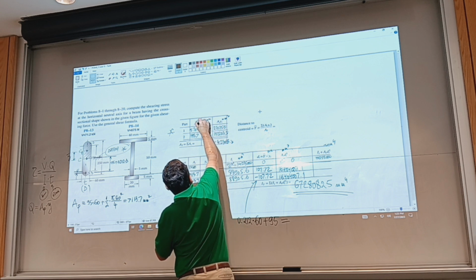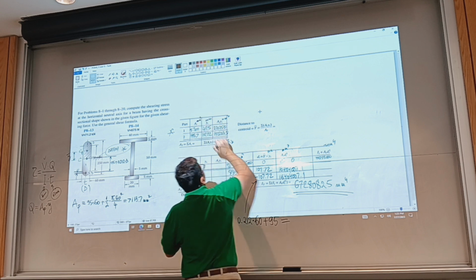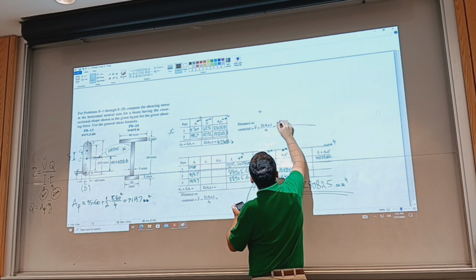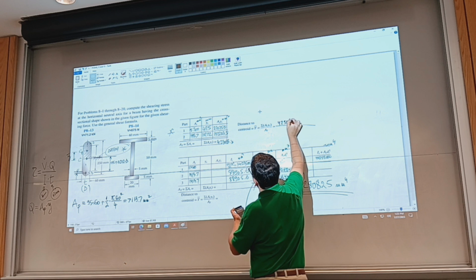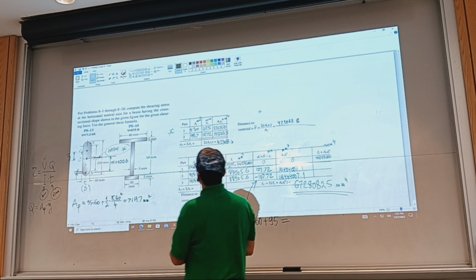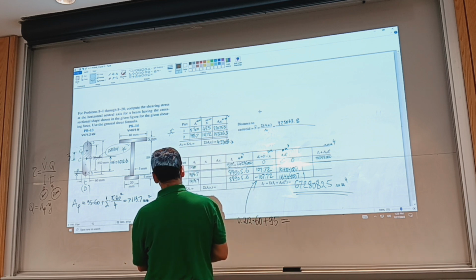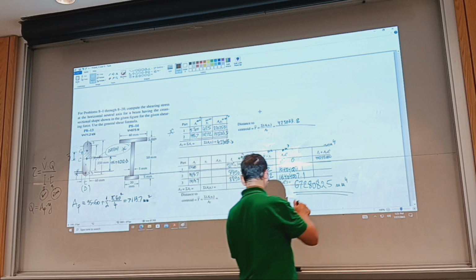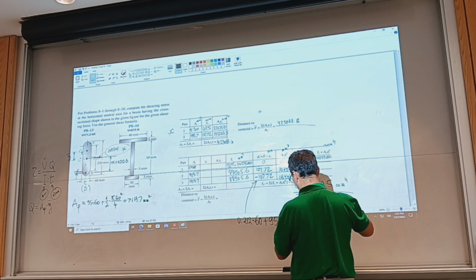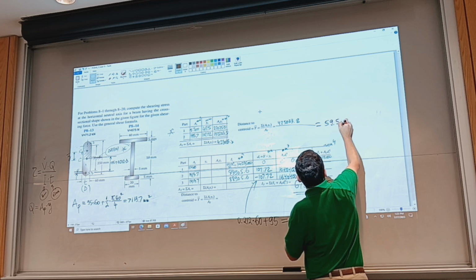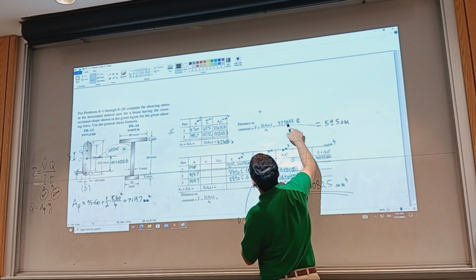Now this part of the equation, 423033.8 over, open a parenthesis, 5700 plus 1413.7, close parenthesis, equals. So I have 59.467, I'll say 59.5 millimeters.